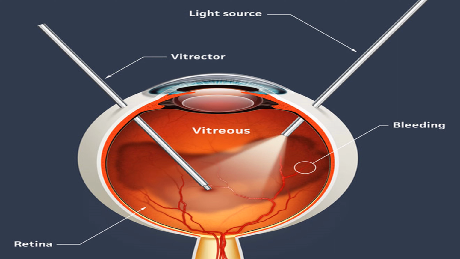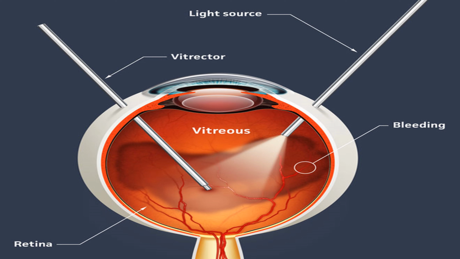Now coming to the pars plana vitrectomy. This is an advanced procedure where the surgeon has made very minute incisions, 1 to 4 millimeters, on two sides. From one side there is a portal for the light source and on the other side the vitrectomy probe.